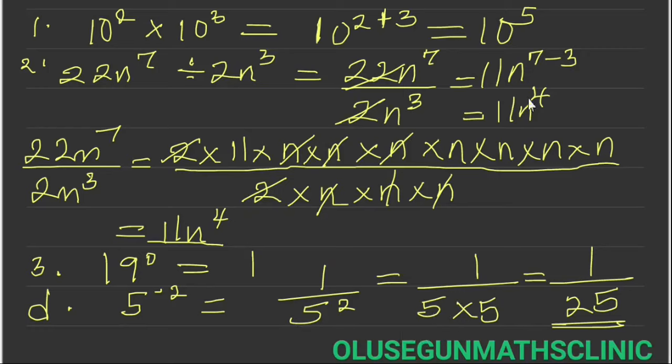So let's go further for a better example, so we're able to know that solving this will give you a better explanation of the laws of indices. Let's have another example, like 2 raised to power 3 times 1 over 6 whole raised to power minus 1.